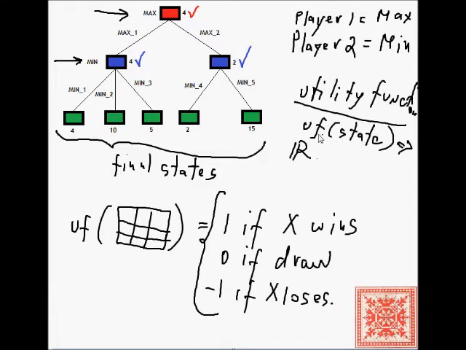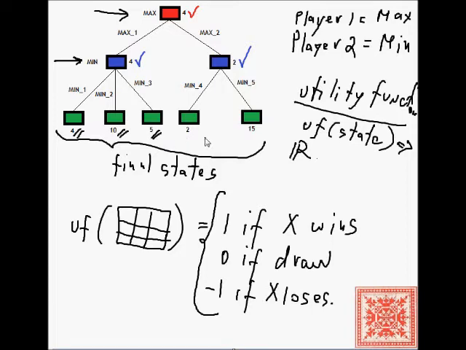These components are sufficient to compute the utilities of the final states, compute the trees, and then we can percolate the utilities upward.